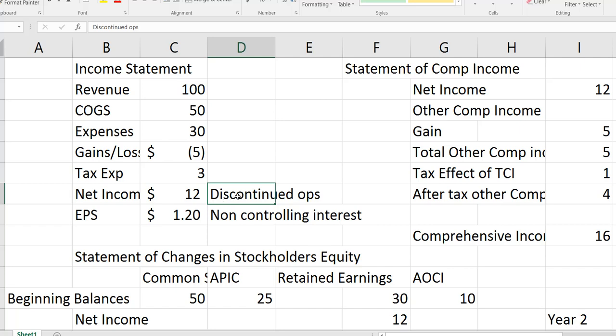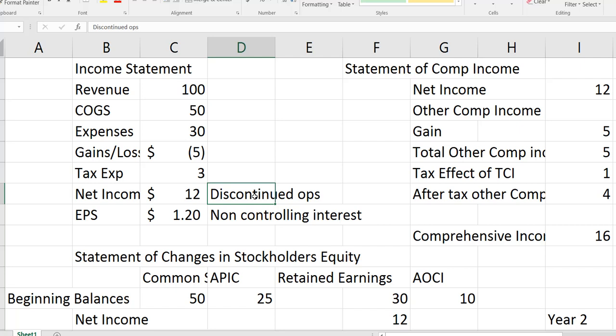So discontinued operations is when we have sold off part of our business to the point that we are making a shift in our strategy. It has to be a shift in strategy, and the discontinued operation number that's going to be here is the net income from that part of the business that's being discontinued. Now we have an example of how you might break that down in your practice.